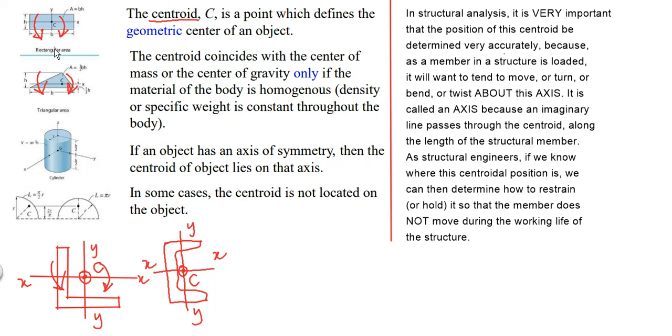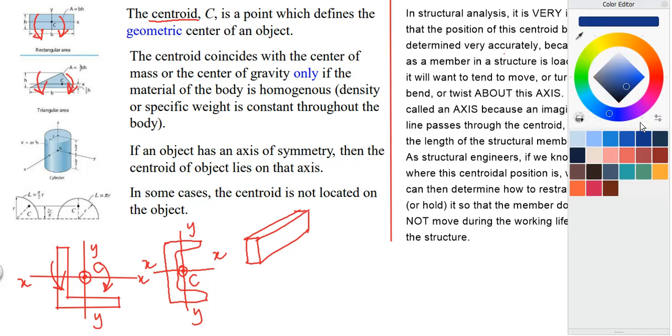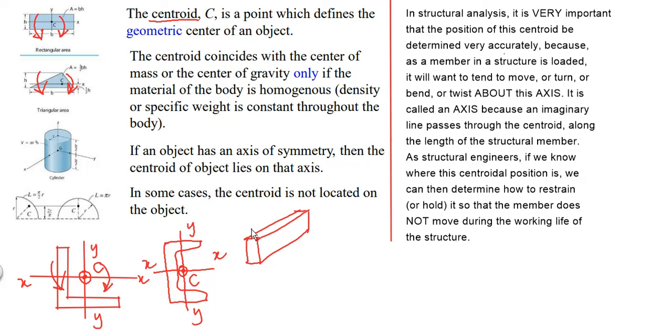Now that's a cross section there. If I did this in 3D, like a 3D sketch, you'll agree that's my y axis and that's my x axis, and that there is my centroidal position.